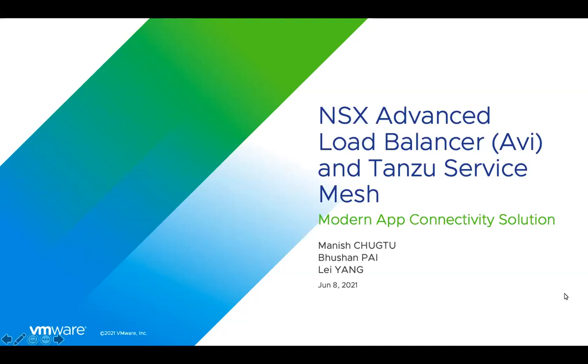Thank you, Teresa, and thank you VM Live for inviting me, Bhushan, and Manish to give a webinar on modern app connectivity solutions. It's a relatively new joint solution that we just launched last month, and it's comprised of two products within VMware.